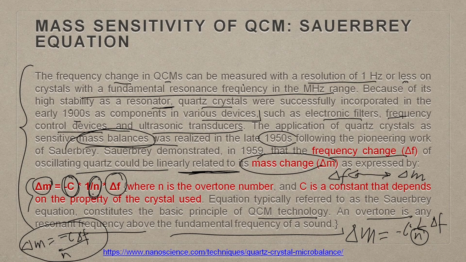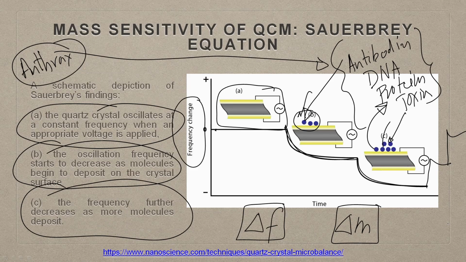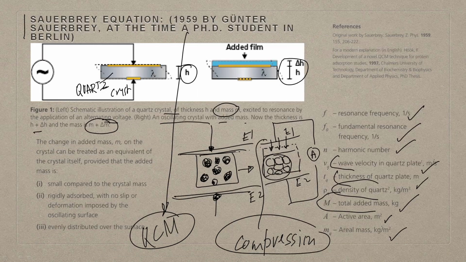If you look at the equation, there is a straightforward linear relationship between change in frequency and change in mass. As the mass is increasing, frequency is decreasing. It is a very linear relationship, but there is a catch where this linear relationship holds.